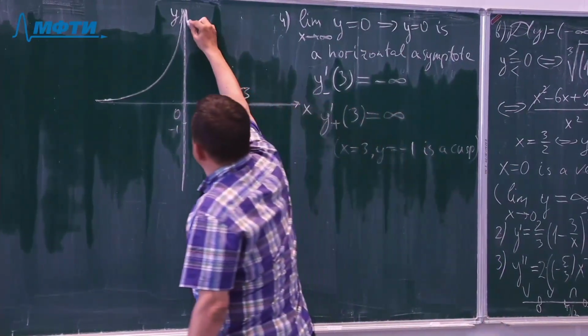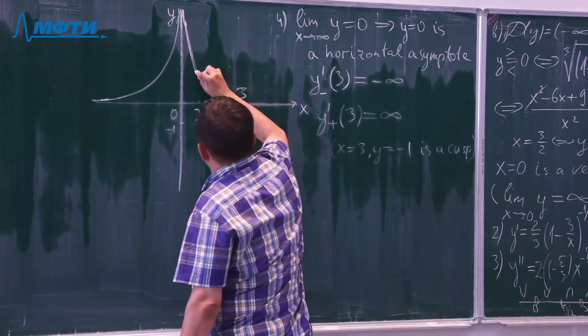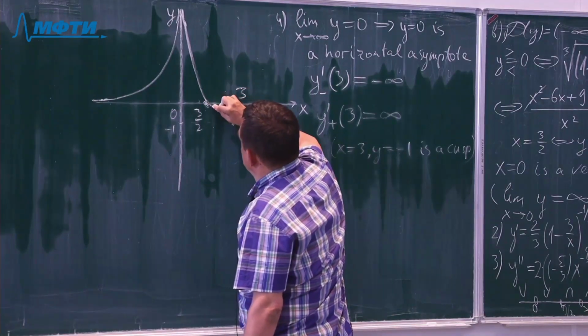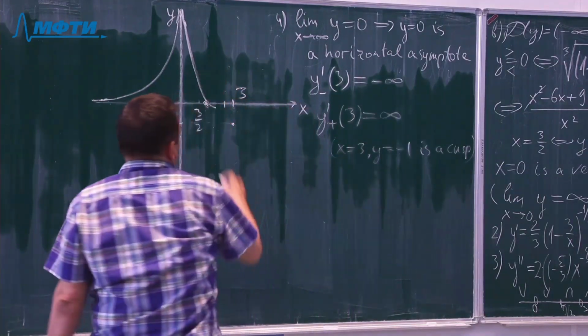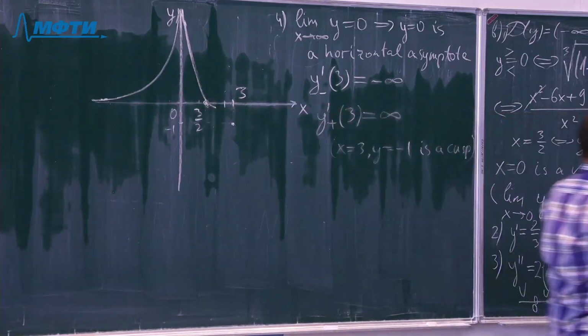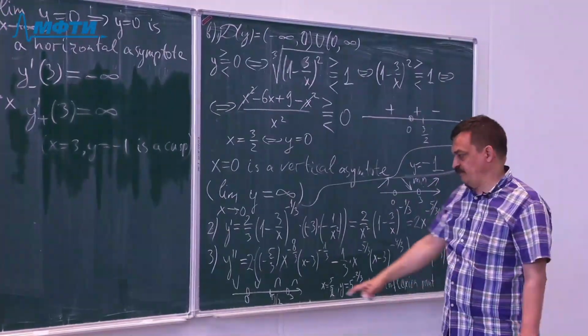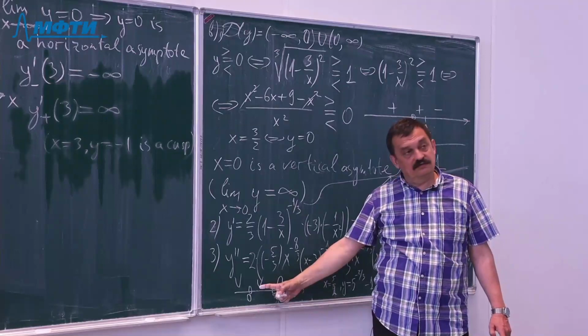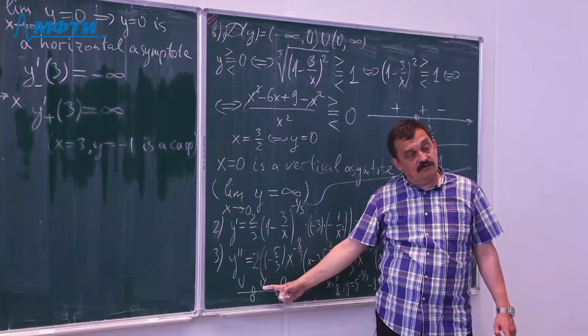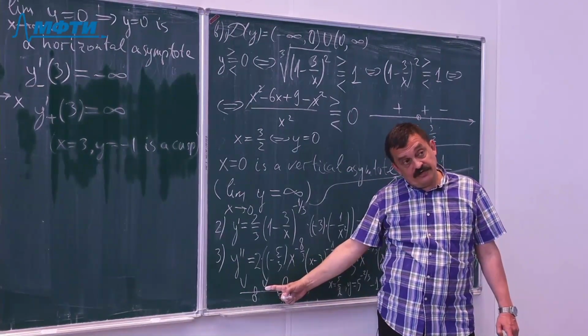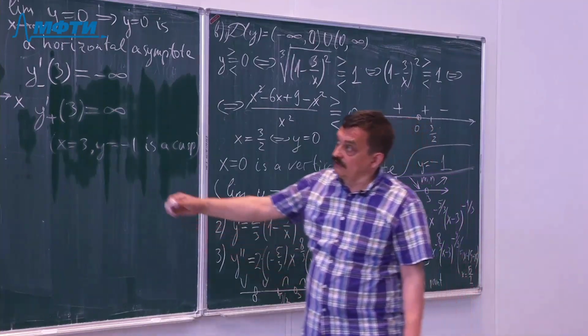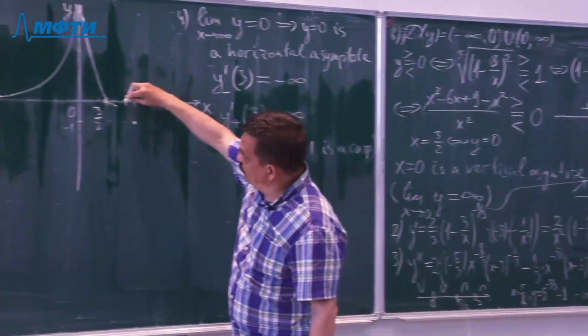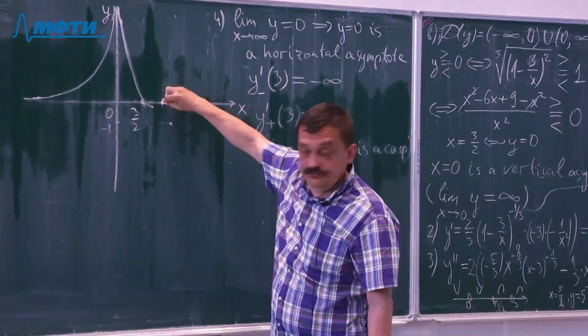It decreases with intersection at 3/2. And you see what's about convexity. Convexity is still convex down, right?